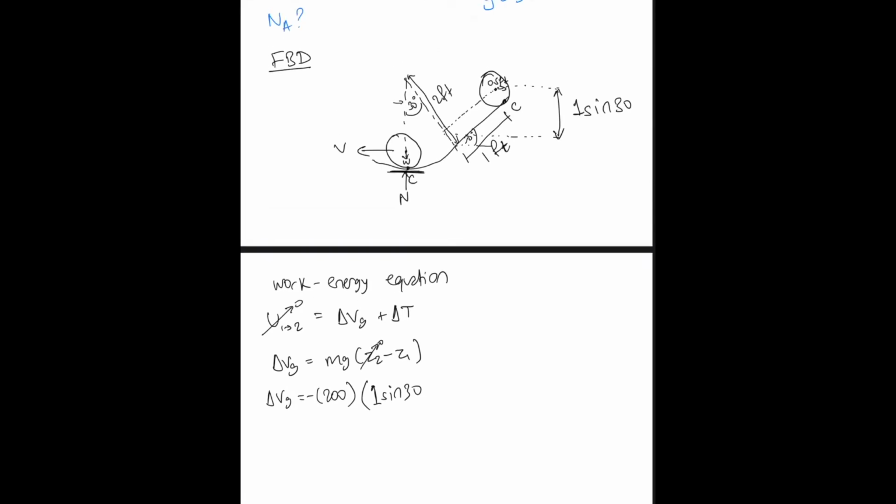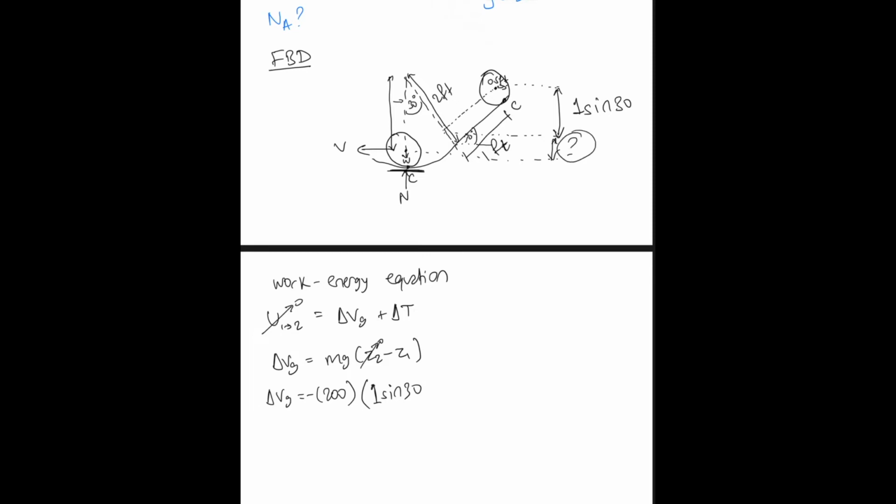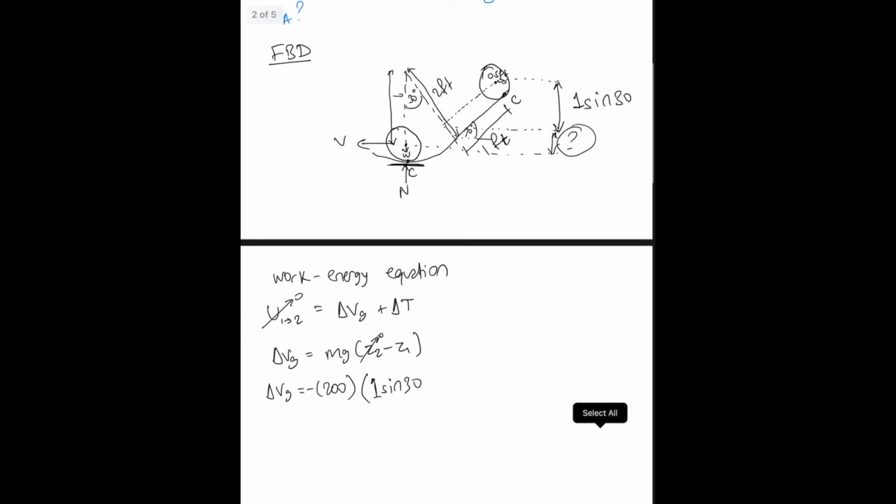So we're going to add that to this distance over here. So we need this distance over here. Now we can easily find the distance from here to here, right? But to get that distance, we need to subtract that from this distance over here to get this distance.